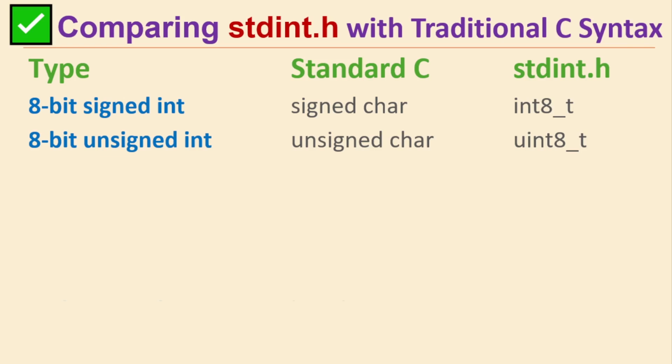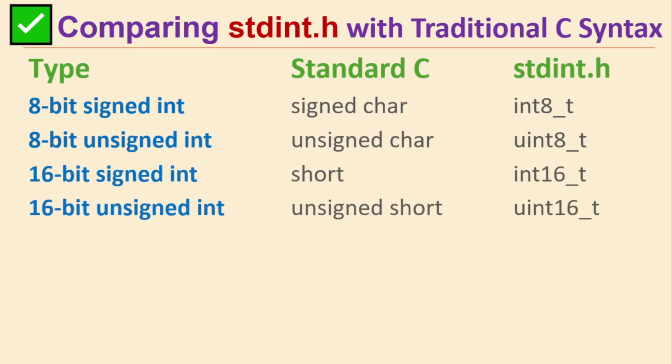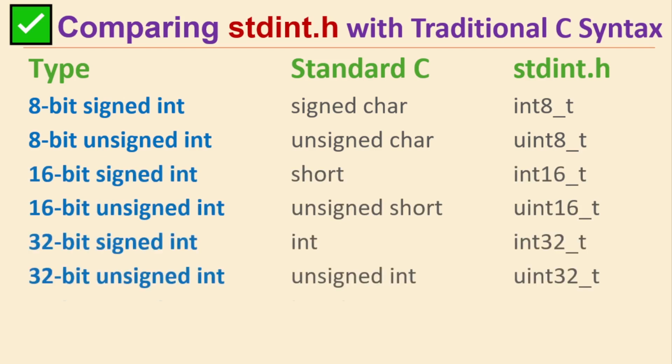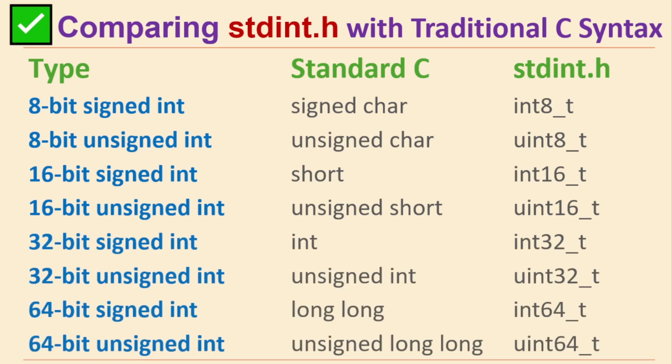Signed and unsigned integer types. When defining integer variables, we need to decide whether they will hold signed or unsigned values. An 8-bit integer can be positive, negative, or 0. If we are sure that a variable will always hold non-negative values, we use unsigned char or uint8_t.